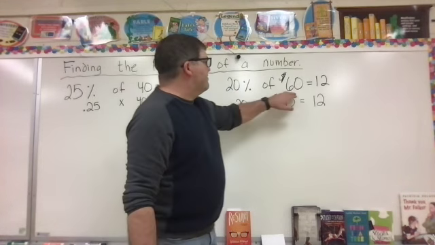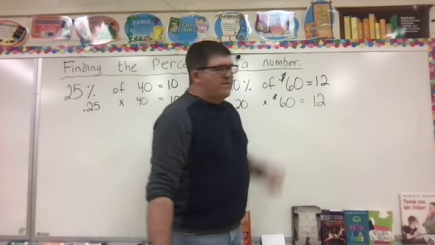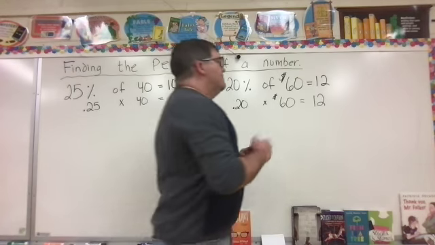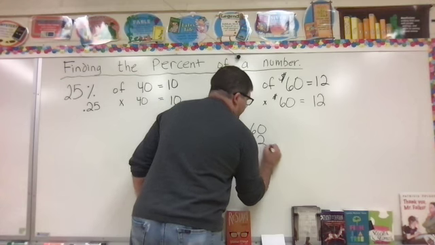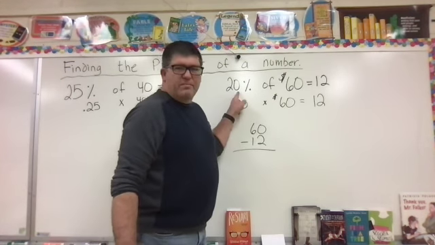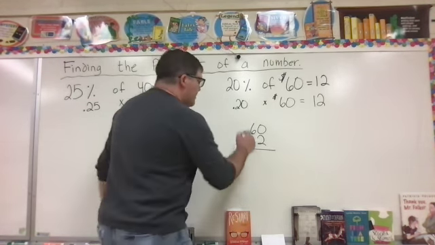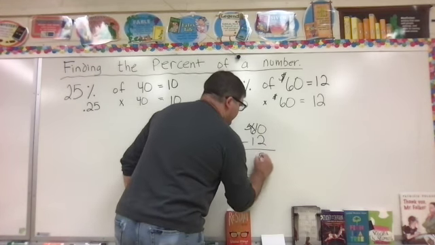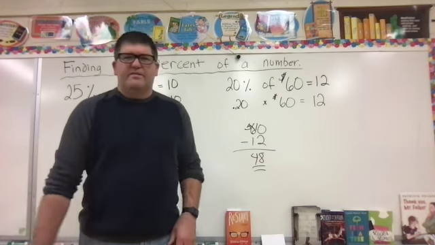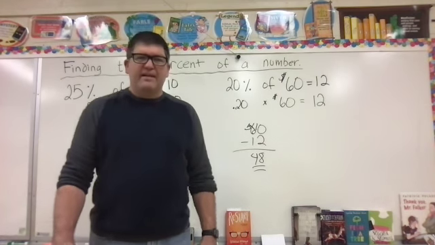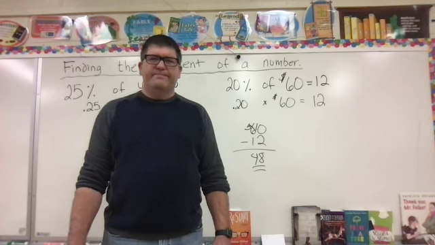You can say, okay, 20% of 60 that would be $12. So if I start with my $60 jeans and I subtract the 20%, which is the 12, that's gonna get me down to 48. So the jeans now cost $48, which is great.